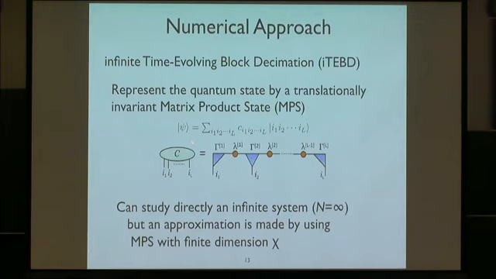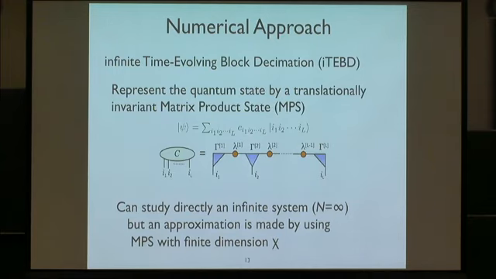In general, a quantum state in one dimension is written like this, but then there is an exponentially large number of parameters. MPS means that you represent this set of coefficients by a product of matrices. You can picture it like this. One advantage is that you can naturally represent a translation invariant state of an infinite system directly, so there is no finite size effect.